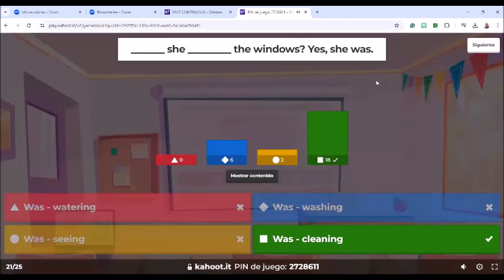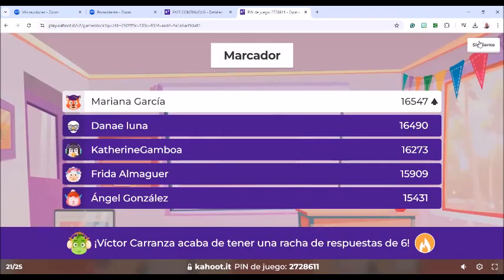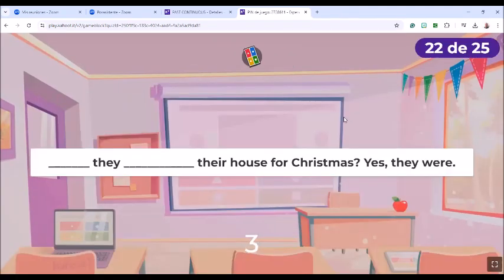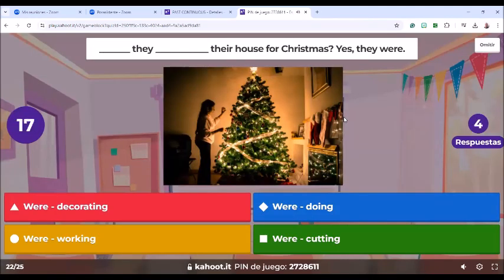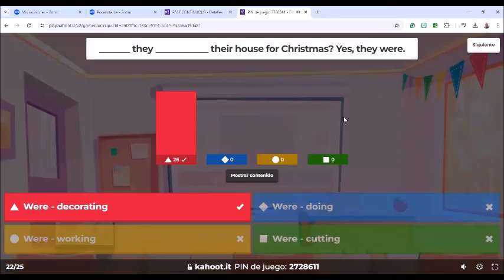Very easy for you. Was she cleaning the windows? Yes, she was. Brilliant. Were they decorating their house for Christmas? Yes, they were.